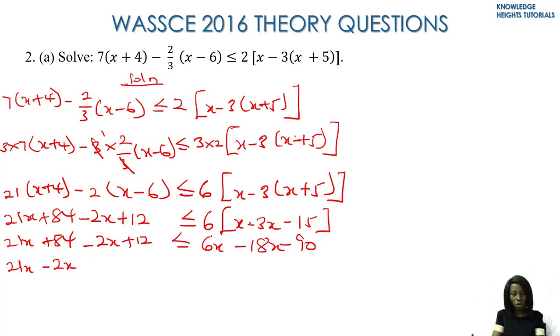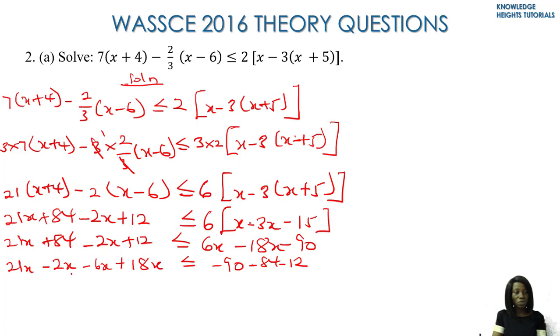We bring this one all the way here, it becomes a negative because it was already a positive. We also move the negative 18, it becomes a positive here. Less than or equal to negative 90. Then we move the 84 here, it becomes a negative at this point, and the 12 we move, it becomes a negative here.